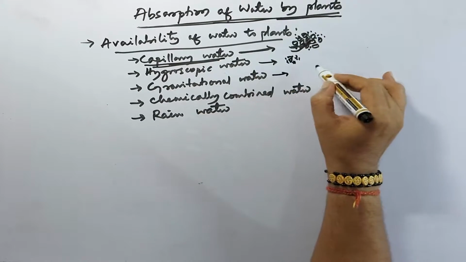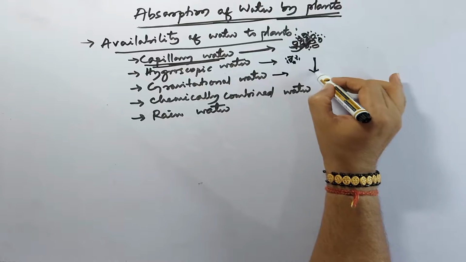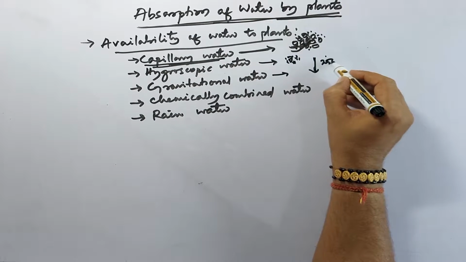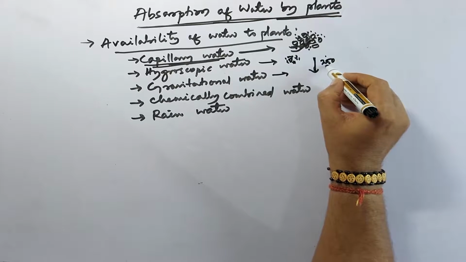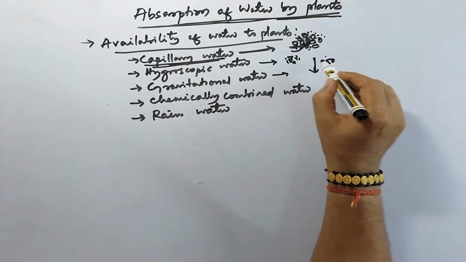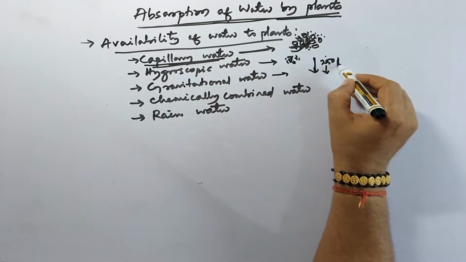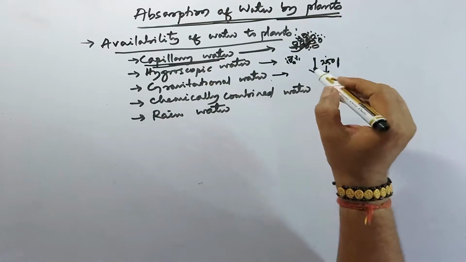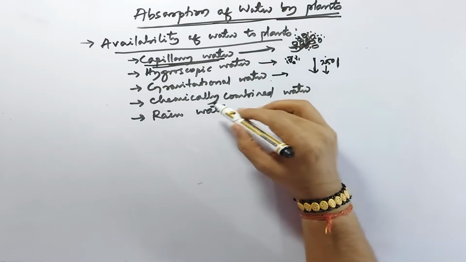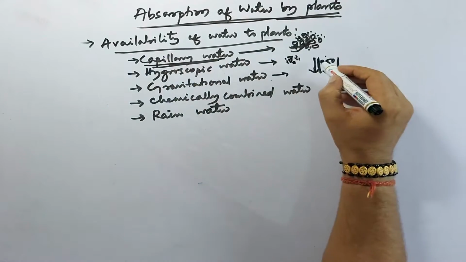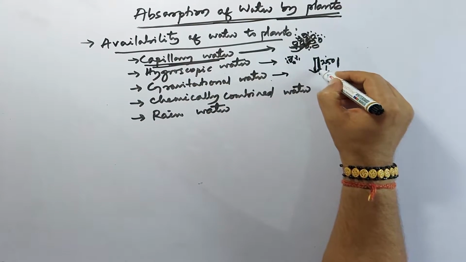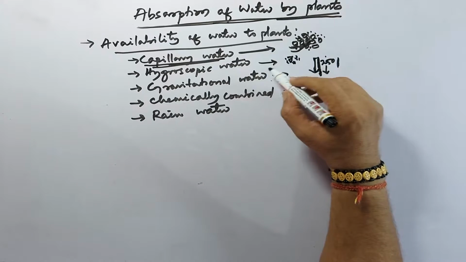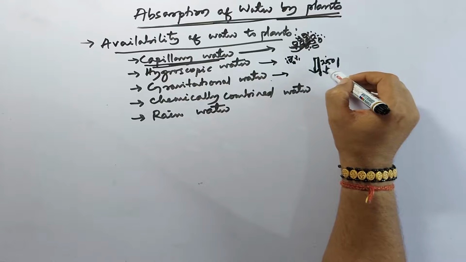Gravitational water is the water found at more than 250 or more depth, to which the root cannot reach. So this gravitational water has no use to the plant, or very little use. While water passes from the surface to the depth of the soil, a little water is absorbed by the root.